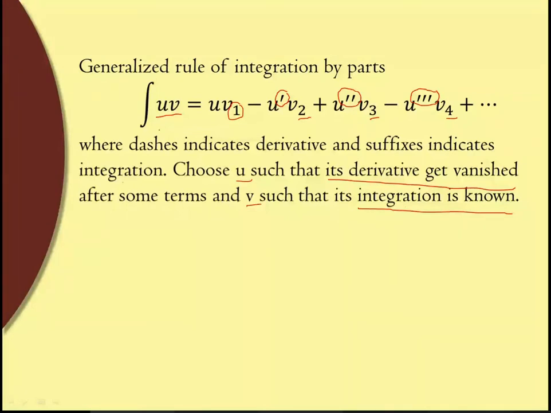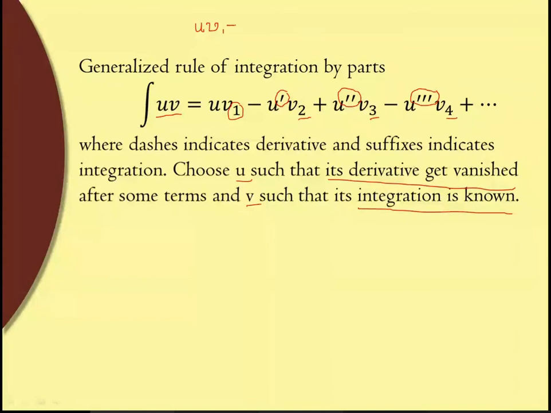Okay, and then making use of this generalized rule, any problem of integration where a product of two terms is there can be solved. In that case, you don't have to remember the integration by parts. Just remember this formula. And a quite easy way to remember it: the first term is u v1.